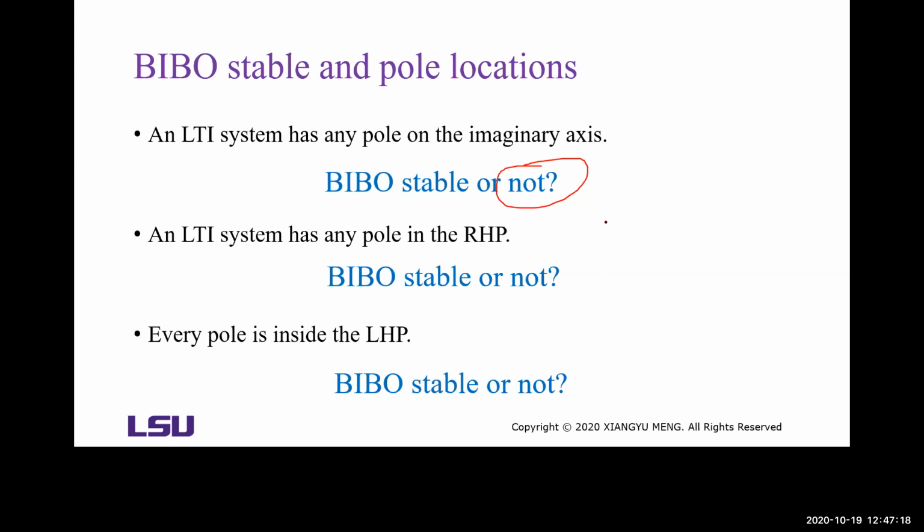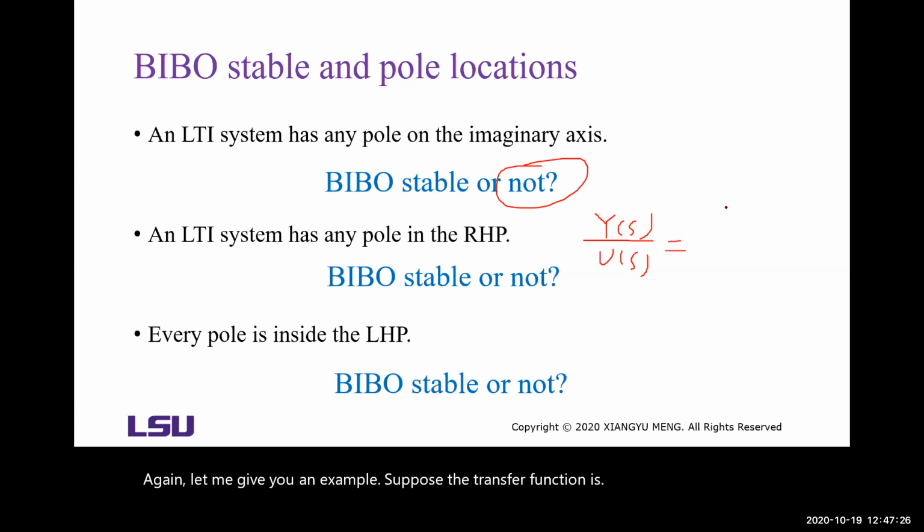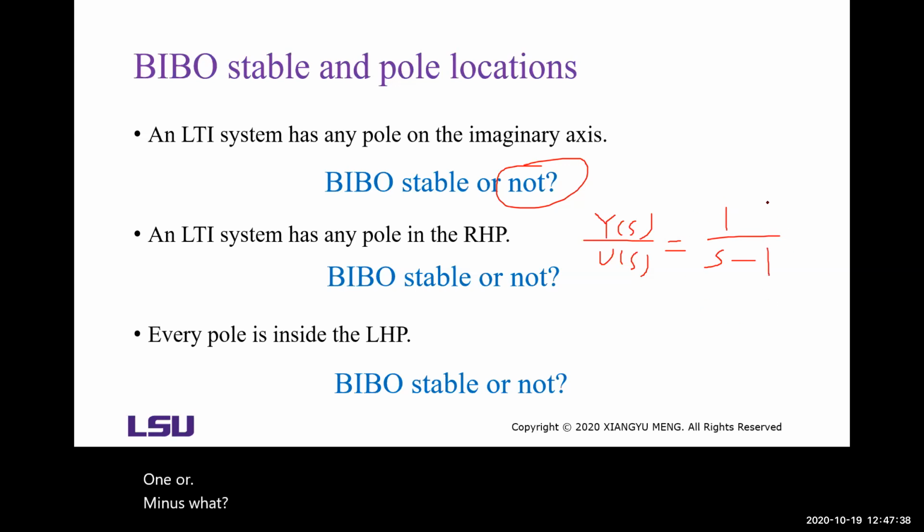Again, let me give you an example. Suppose the transfer function is one over s minus one. We know the impulse response is the inverse Laplace transform of the transfer function. Therefore, the impulse response h(t) will be exponential t.